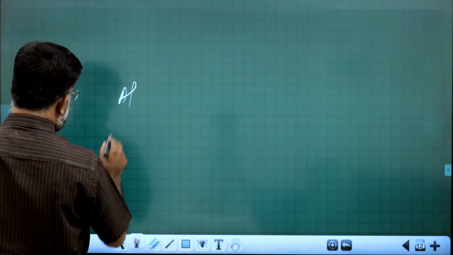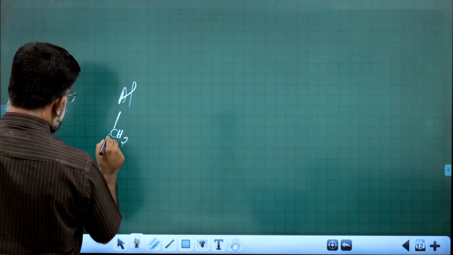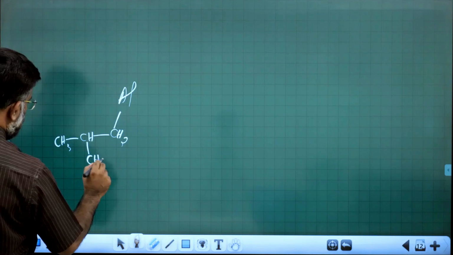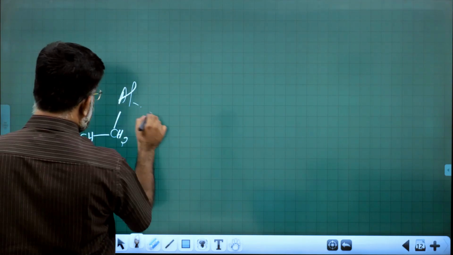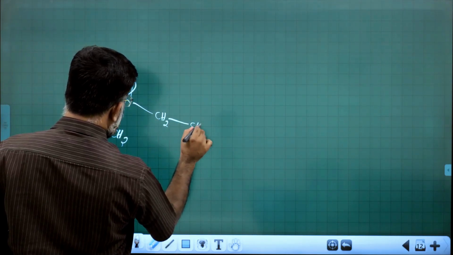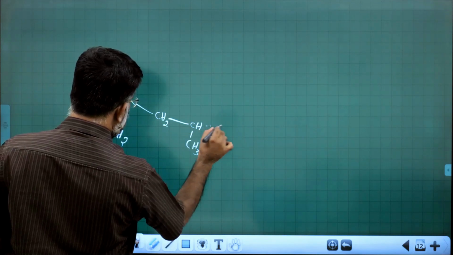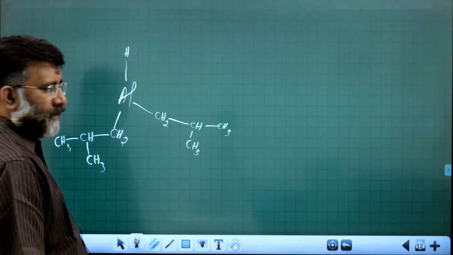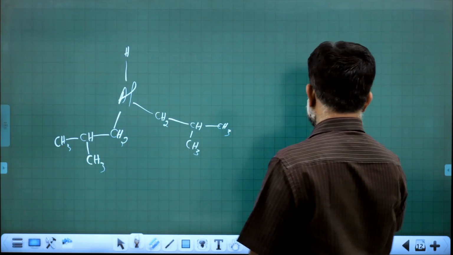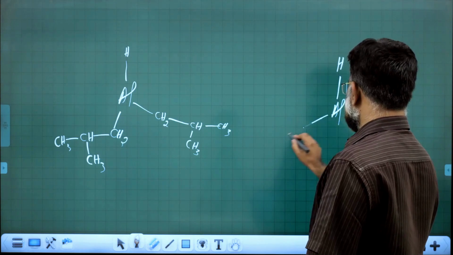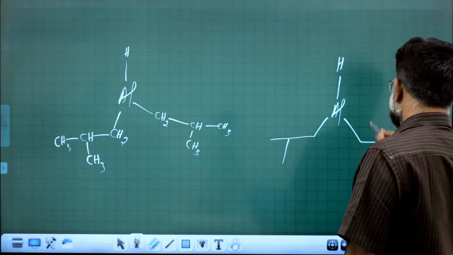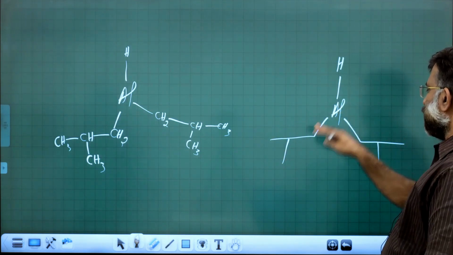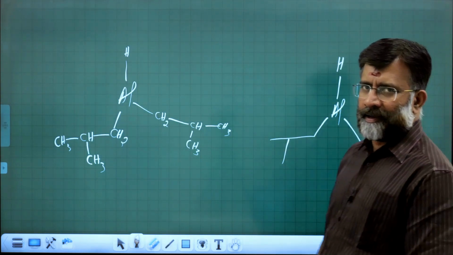This is aluminum, and this is diisobutyl; this group is called the isobutyl group. This is diisobutyl aluminum hydride, with one hydrogen. DIBAL-H.